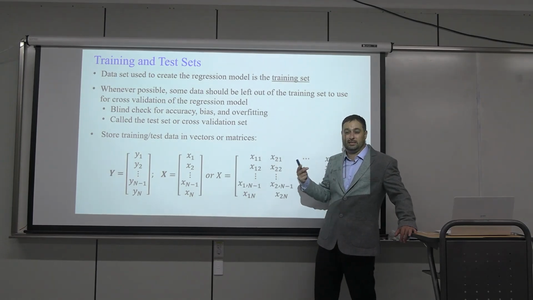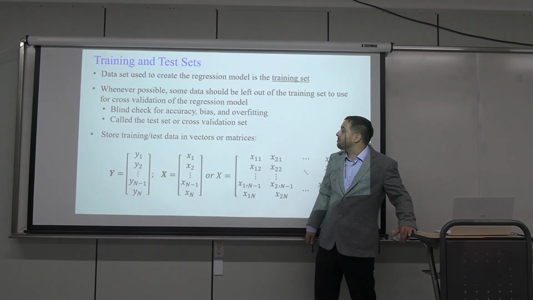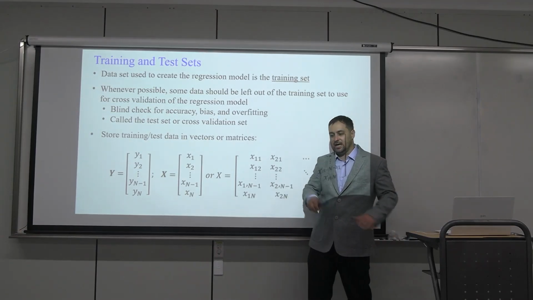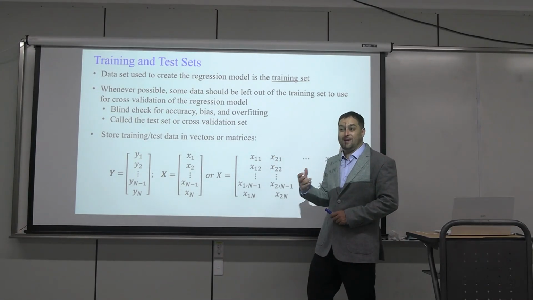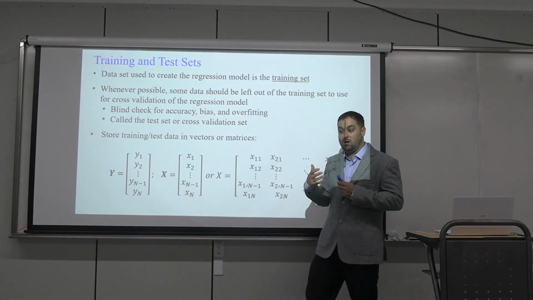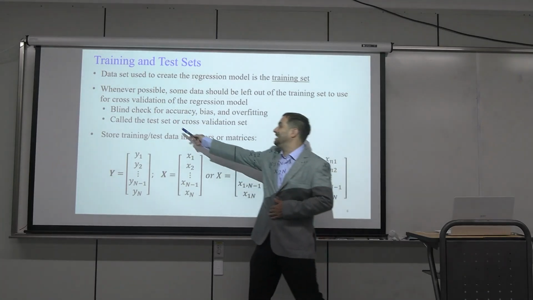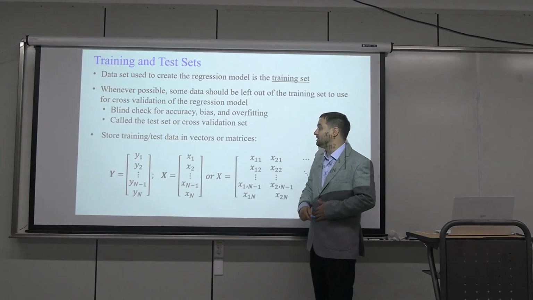An overfit model generally gives very poor predictions. And so this subset of data that we leave out of the regression model training, we call the test set or the cross-validation set.